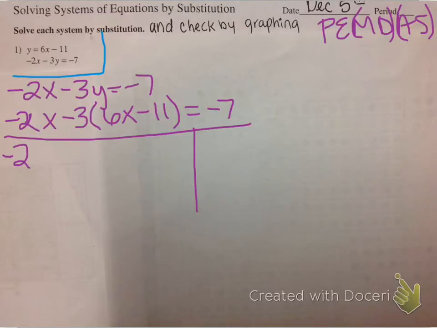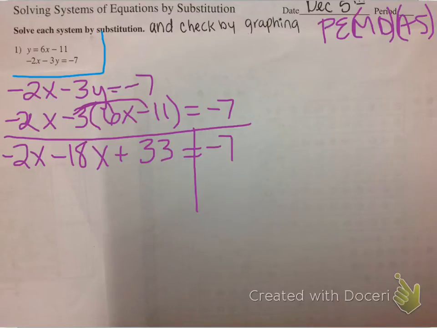So I have 2x minus 18x plus 33 equals -7. And from here, I can combine my x values. 2x minus 18x gives me -16x plus 33 equals -7.